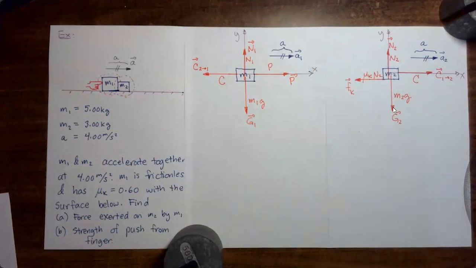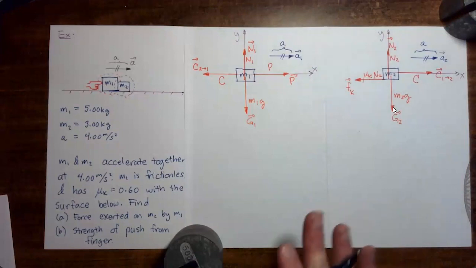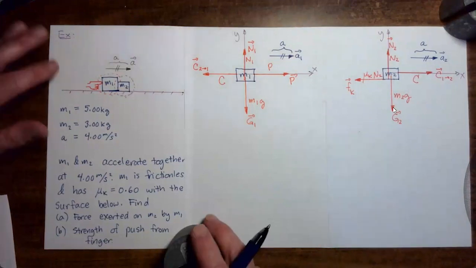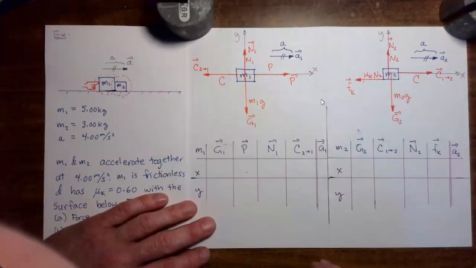So at this point, you can probably just pause the video, make the grids, fill in the grids with all the x and y components, and then once you've had a shot at that, rejoin the video. At this point in the course, I'm assuming we've had some practice drawing force diagrams and making out the grids and filling them in.